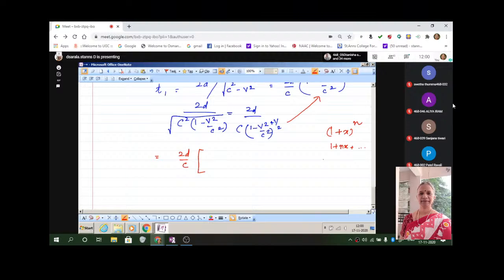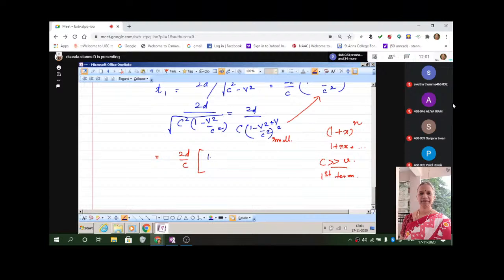Since the velocity of light is very much greater than v, c is in the denominator and very high compared to the velocity, so this factor is very small. If a term in the denominator is very high, the fraction is very small. So we consider only the first term, neglecting all the higher order terms. So it is 1 plus nx.